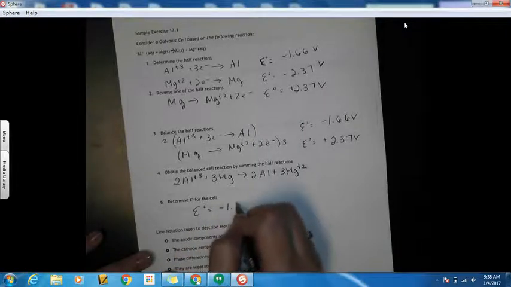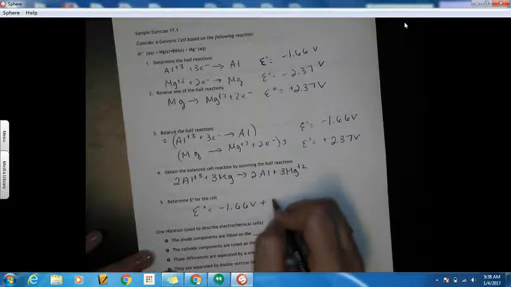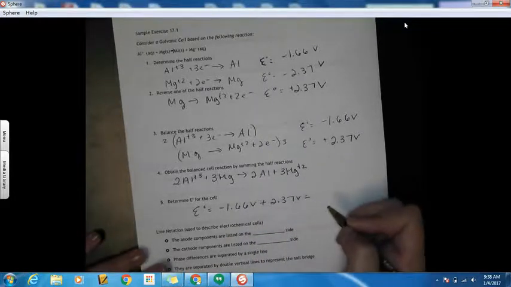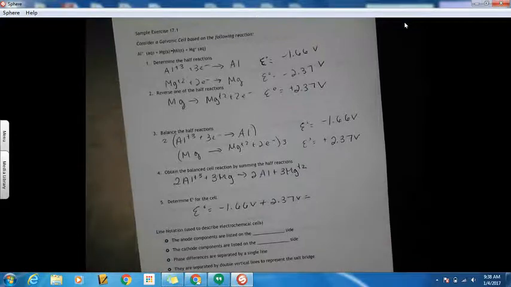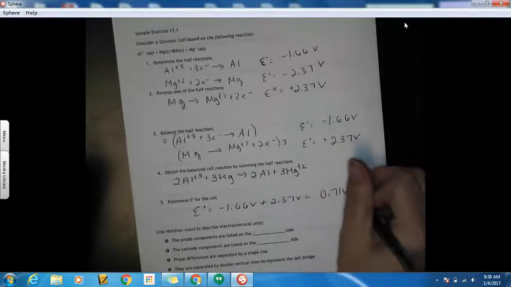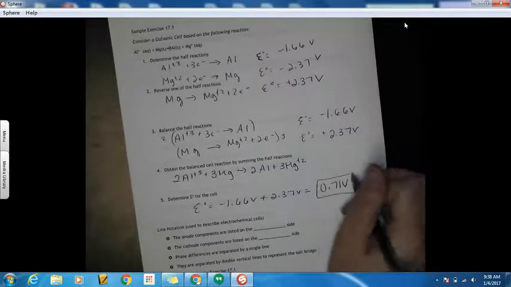So our aluminum 1.66 and our magnesium, and we add those two together to get our final answer. And we get a positive 0.71 volts. Okay.